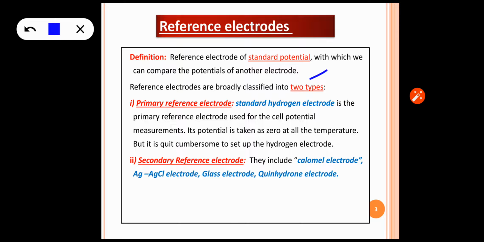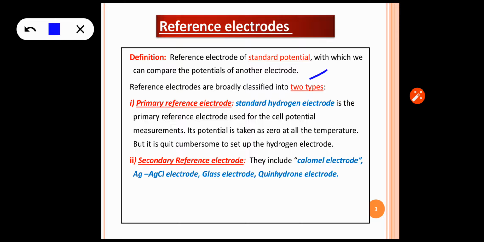So, only the potential with respect to the working electrode changes with the concentration and temperature. So, whenever we connect the working electrode to reference electrode, we can find out the potential developed at the working electrode. So, that is the advantage of reference electrode, with which we can compare. Using reference electrode we can compare the potentials of another electrode.